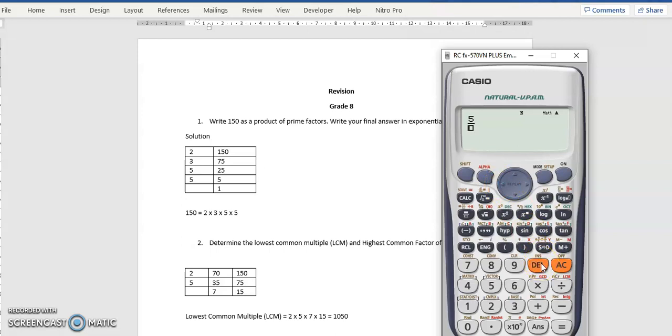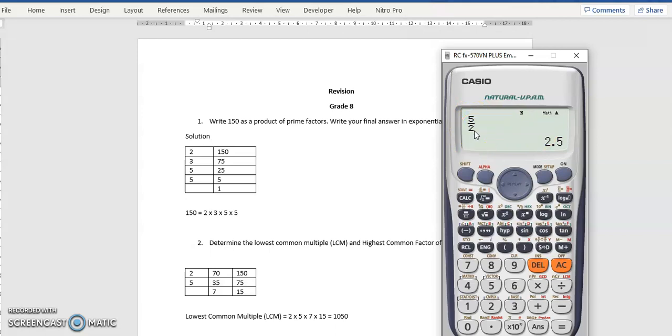Then I move to where? 2. Hey, it gives me a fraction. I can't take it. A fraction gives me decimal. It means there is a remainder. Okay, what am I supposed to do? Should I take the 2?